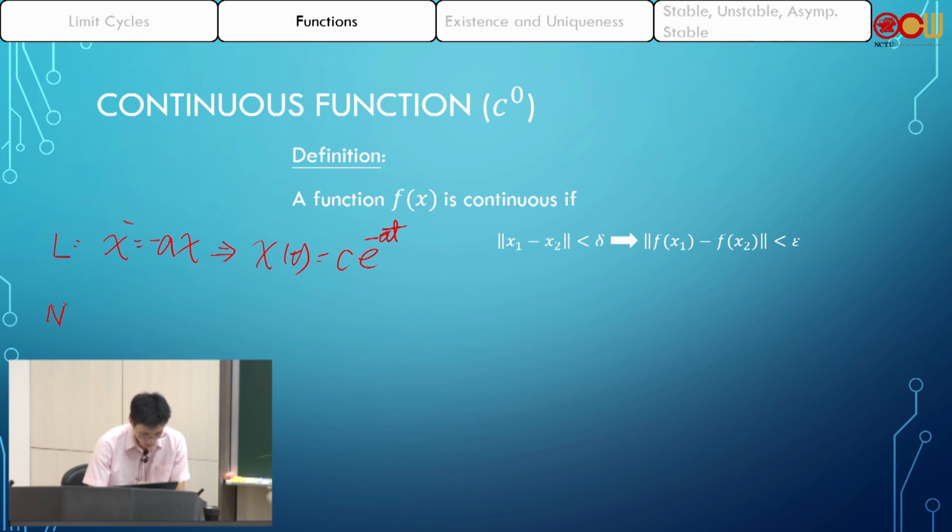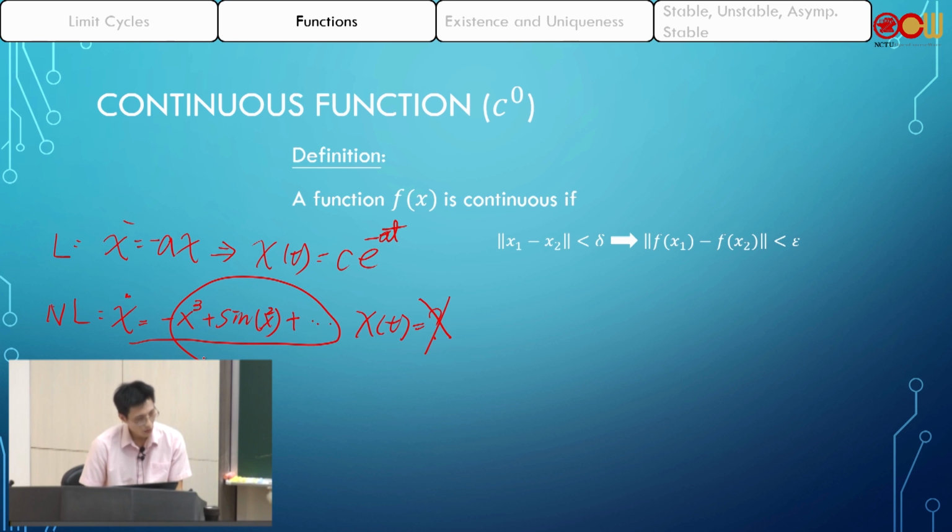But for nonlinear systems, maybe it's solvable, maybe no one knows. So assume the worst case that we don't know the solution. Then the solution maybe doesn't exist, or it has multiple solutions. Okay, so the reason we talk about functions is, given this kind of dynamics, you want to evaluate the existence of solutions and uniqueness of solutions.